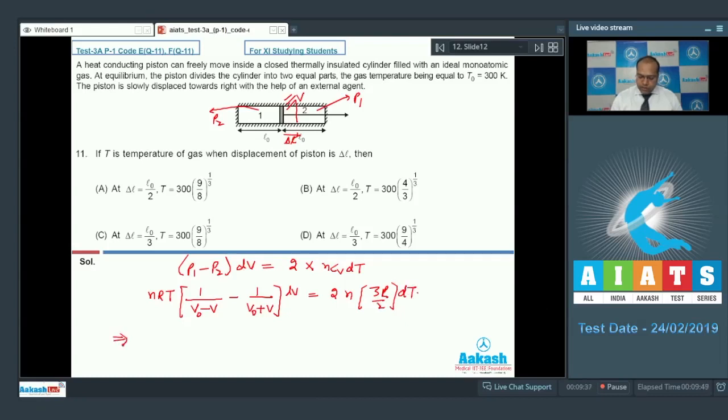So if I solve this equation, it comes out to be 2V dV divided by V0 square minus V square, that is equal to 3 times dT by T.